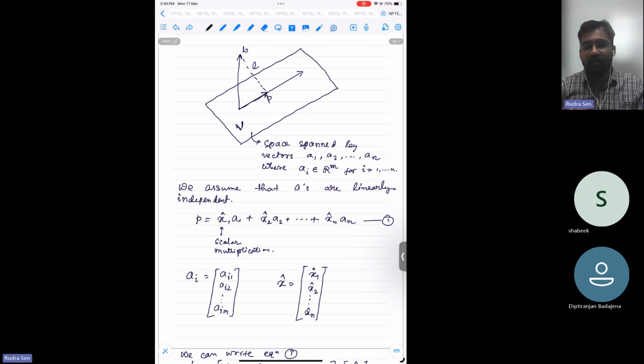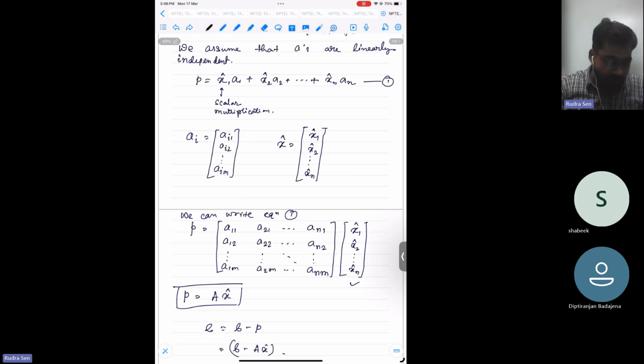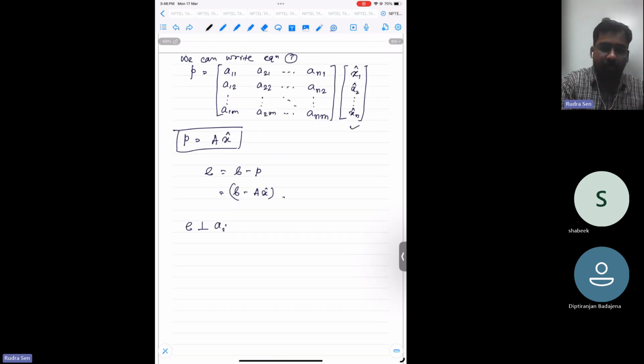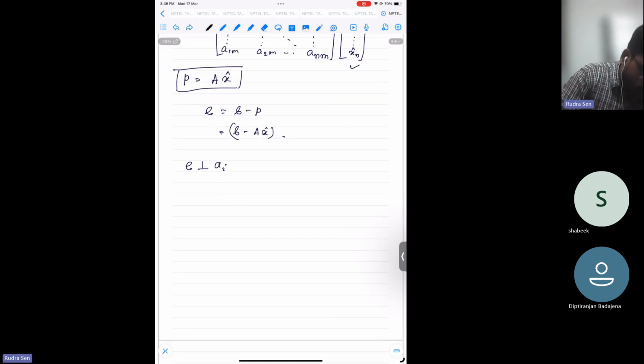Similarly, the e vector is perpendicular to the space V. So every vector that lies on the space V is orthogonal to the vector e. That means e is perpendicular to every ai. What does this imply? This implies that a1 transpose e equals 0, a2 transpose e equals 0, up to an transpose e equals 0.